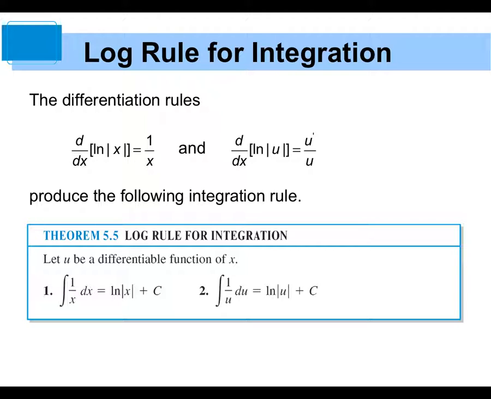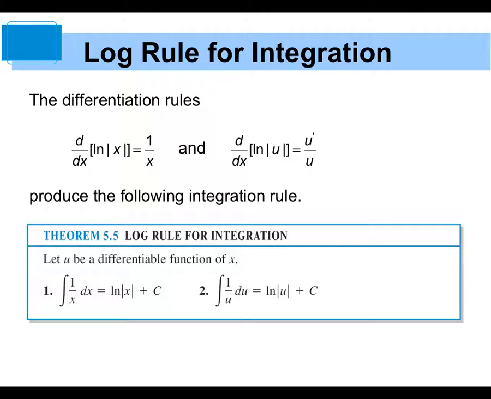So 1 over x cubed, for instance. We can do that. That's just x to the negative 3. Some bizarre function. That's a common mistake that people make when we get to this. People have a tendency, any function they have that's 1 over something, they just say it's the natural log of that thing.